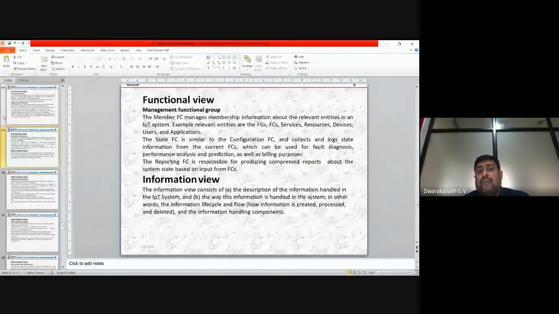The state functional component is similar to the configuration of the functional components, and it collects and logs state information from the current functional components, which can be used for fault diagnosis, performance analysis, and prediction, as well as billing purposes. Some functional components will be there just for logging.